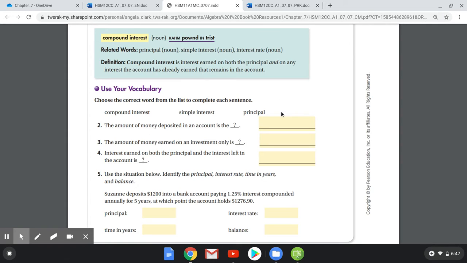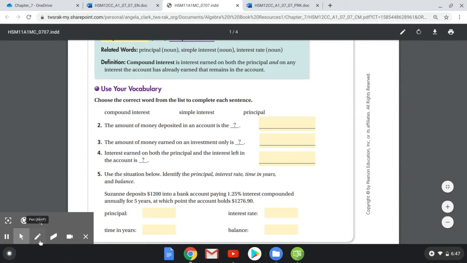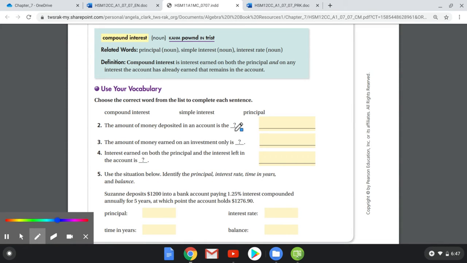Let's look at these words and make sure we know what they mean. So the amount of money deposited in an account is the principal. In terms of the equations we've been using, that's going to be our initial amount, because that's the amount you start with in your bank account.